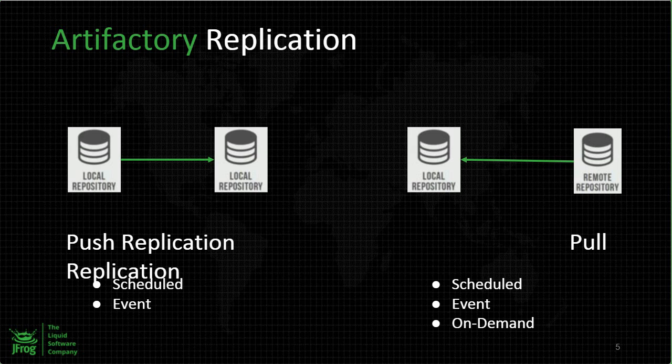It acts like a typical remote repository, wherein you create the remote repository, set it up, and point it to an Artifactory repo on your source. Whenever a new request comes in, the remote repository checks if that artifact has already been cached. If it has not been cached, it reaches out to the source, pulls that artifact, caches it, and then resolves it for you.